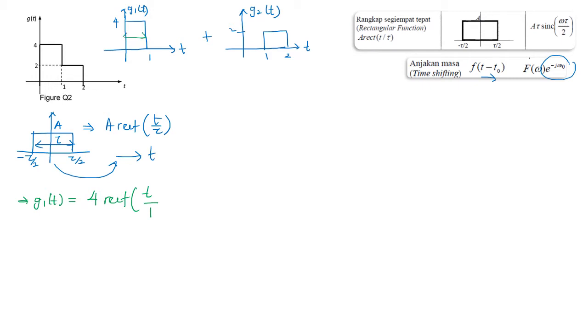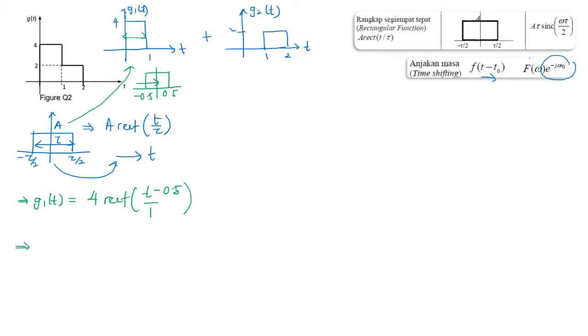But if you compare this rectangular to the reference, you may notice that the signal, originally from negative 0.5 to 0.5, now has 0.5 shifted to 0. Meaning that the signal has been shifted to the right by 0.5, so t naught is negative 0.5. So this is your g1(t).